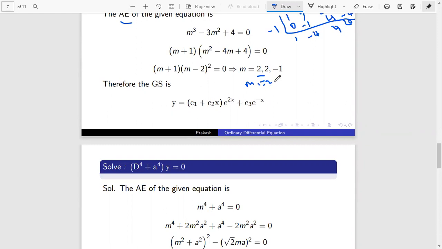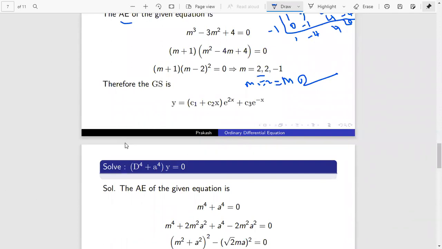So the solution is (c1 plus c2x) e power 2x, plus, since one root is different, c3 e power minus x.